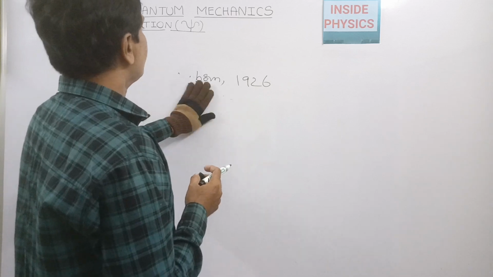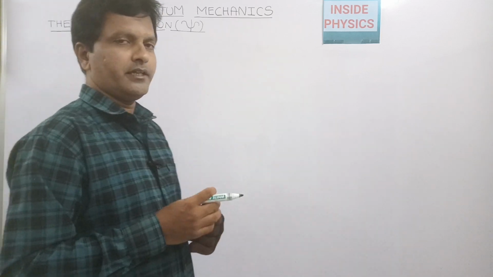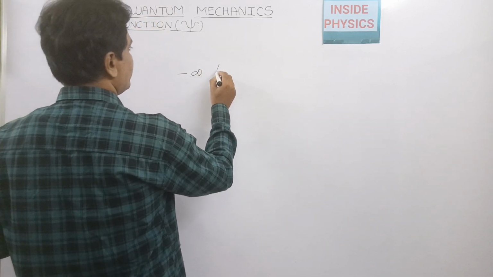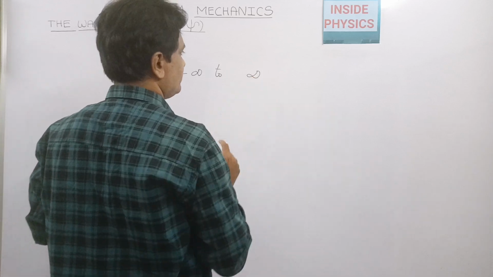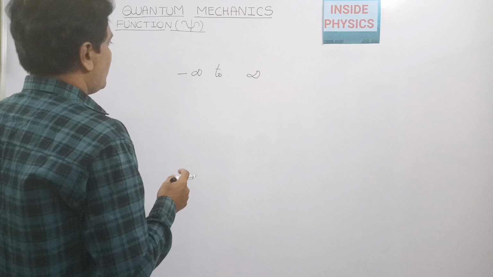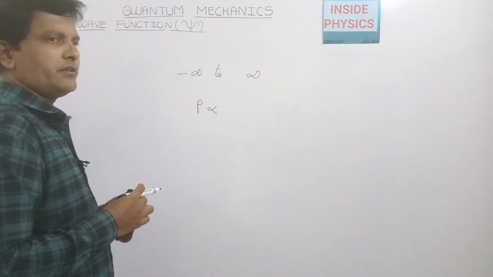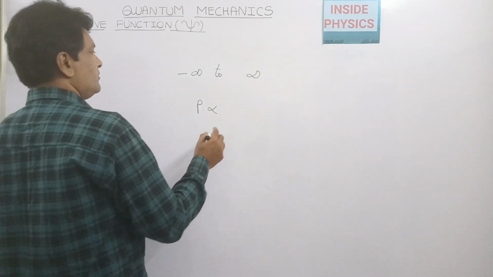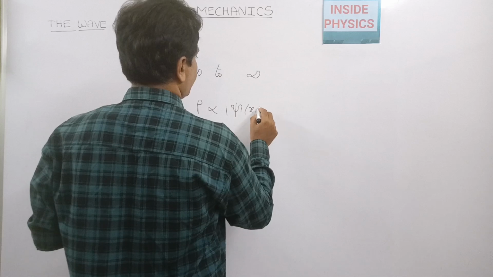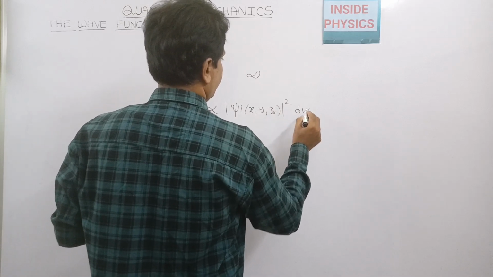If the space has unlimited boundaries, like minus infinity to infinity, the probability is proportional to the square of the magnitude of psi of x y z, times dv.